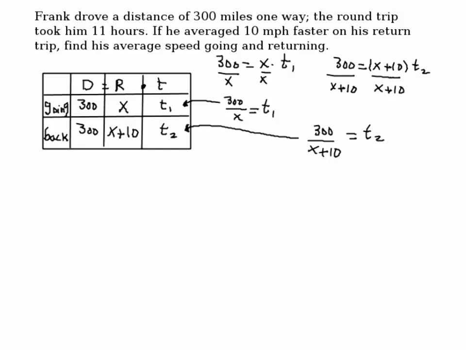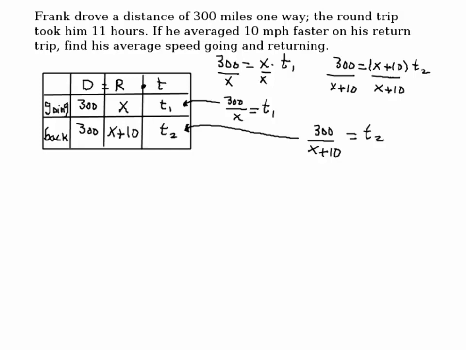Now what would be the relationship between the times here? It says Frank drove a distance of 300 miles one way. The round trip took him 11 hours. So anyone know what will be the formula here?